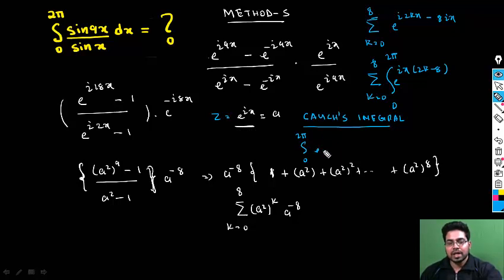So the integral from 0 to 2 pi of e to the power inx dx in general is equal to 0 for n not equal to 0 using Cauchy's integral, and is equal to 2 pi for n equal to 0. So this would be nonzero when 2k is equal to 8. That means when k is equal to 4, it would be equal to 2 pi, and for all other values of k, this would be 0. So using Cauchy's integral, this directly became equal to 2 pi, which is our final answer.